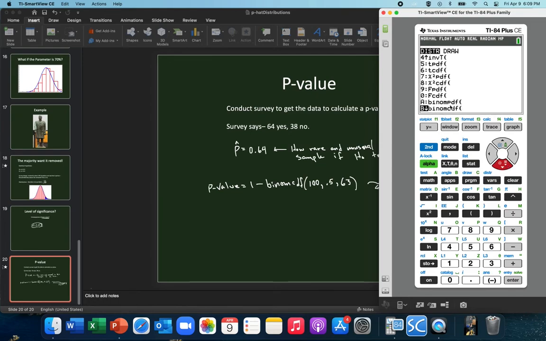The PDF gives individual probability values. The CDF gives cumulative probability values. And that's what I want. So we have 100 trials. 0.5 is our hypothesized population value. 63 is 1 less than 64, which is what we want. And so the p-value I'm getting here is about 0.0033.